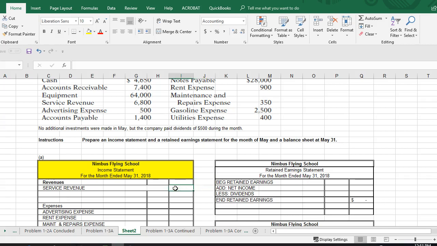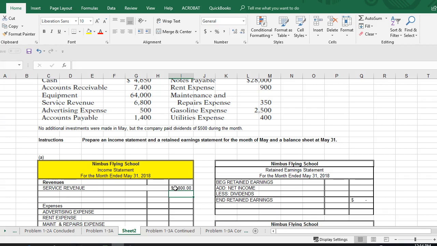So I'm going to record that amount, $6,800, as revenue on my income statement. So revenue shows the money earned by the company either from providing services or from the actual sale of products. Because this is a service-based organization, we have an account title called service revenue.